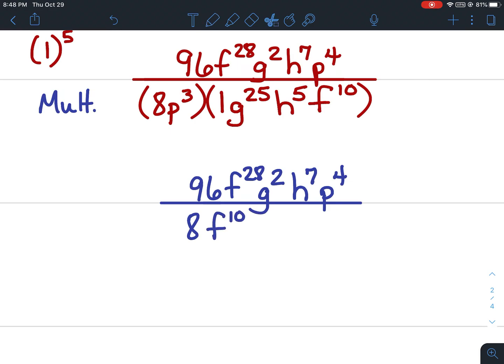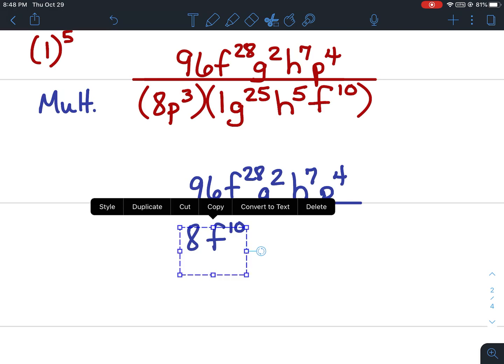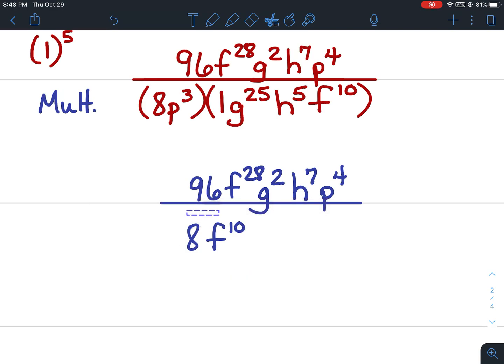And by the way, when you're doing this, because there might be a larger exponent in the denominator, you might want to put some space in here in case when we go to cross out the exponents, you have room to rewrite it. So I'm going to leave a little space. I've got f to the 10th. Next would be g to the 25th, h to the 5th, and p to the 3rd.